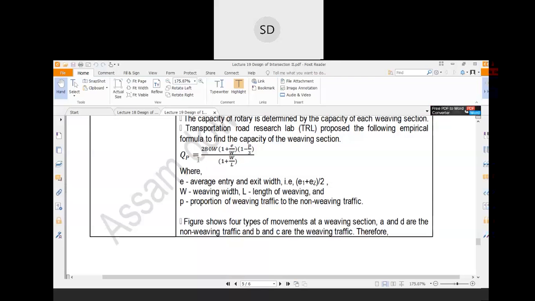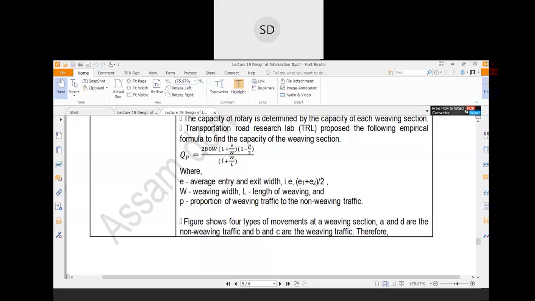First, you have to find out the capacity of the intersection using this formula, where W is the weaving width, L is the length of the weaving, P is the proportion of weaving traffic to the non-weaving traffic, and E is the average entry and exit width, that is (E1 plus E2) divided by 2.